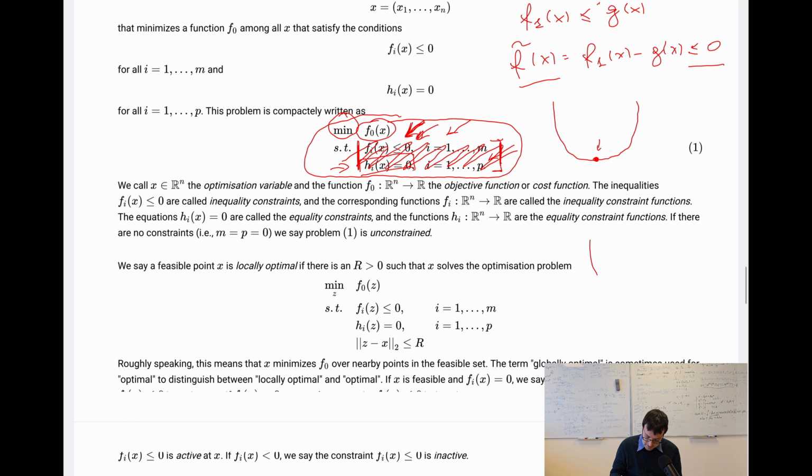But if instead we have something like this, then we see that we have this solution here, which is actually the global optimal solution, but there is also this point here, which is not a global solution, but it's still good with respect to a certain region, okay? So it's still good around this region over here. And that's called the local optimal solution.